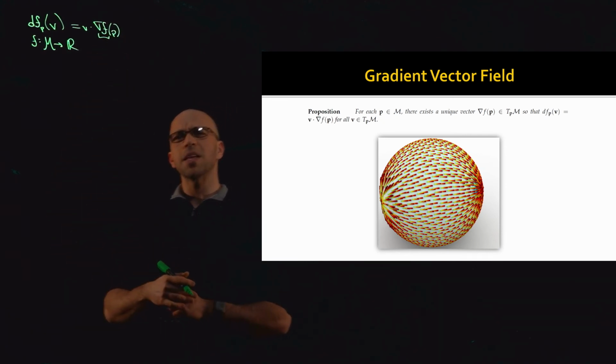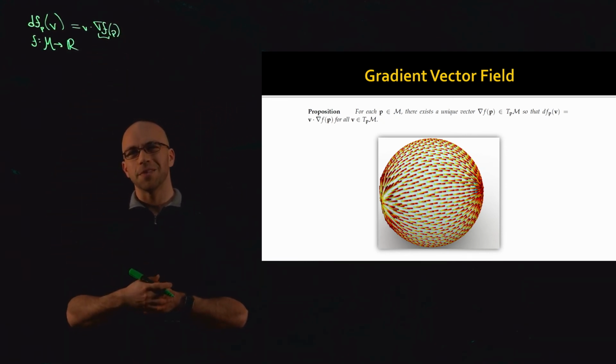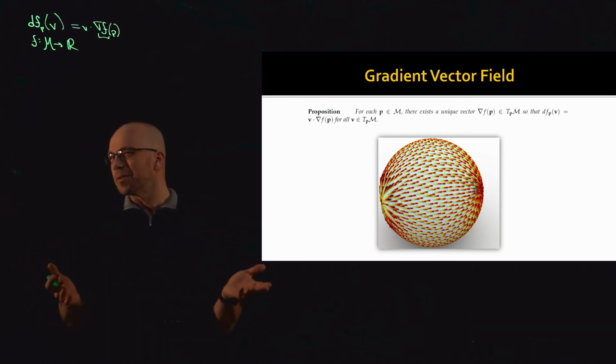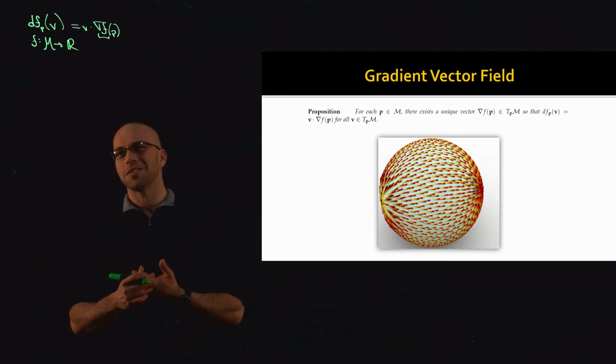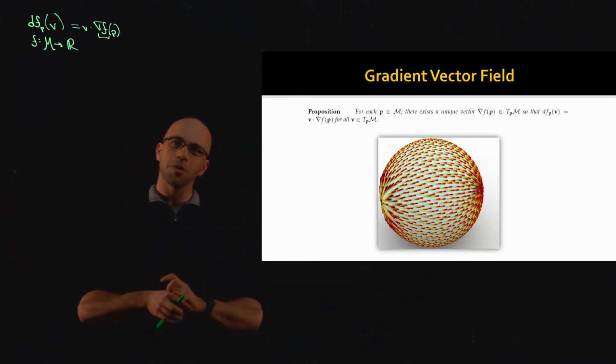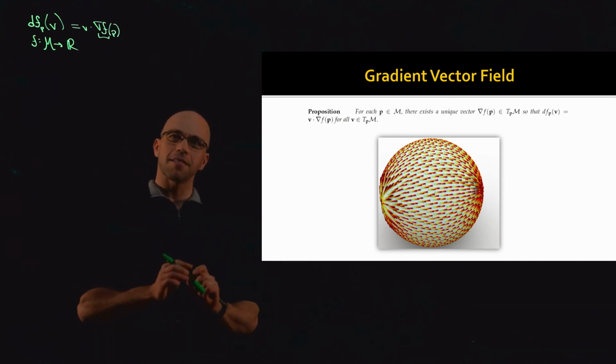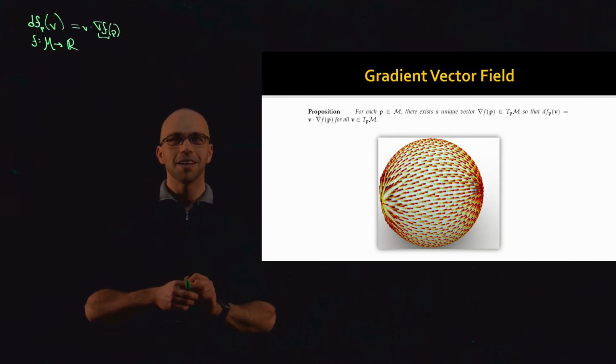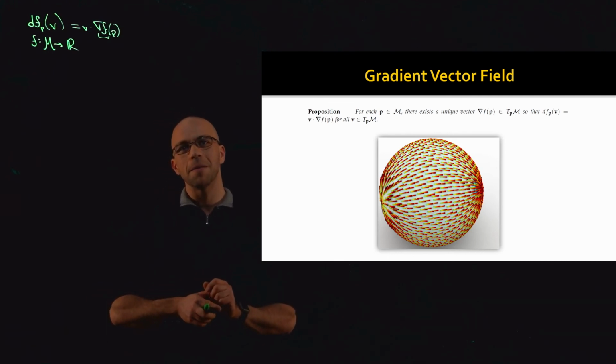And this is really just a fancy proposition that defines something you guys already probably knew existed, which is just gradient vectors. We compute gradients all the time on flat spaces. Here we're just double checking that it makes sense to talk about a gradient vector field on a curved domain as well.